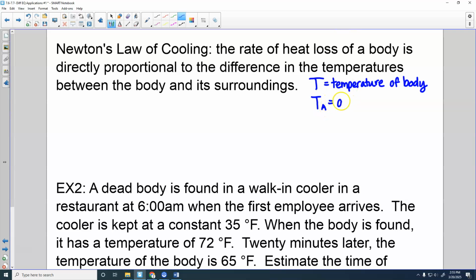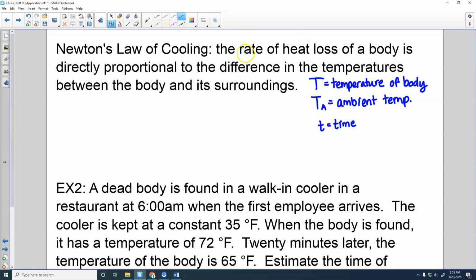I'm going to make that my ambient temperature. So that is like the temperature of whatever is surrounding it, right? Let's let lowercase t be time. You can use any units, so you can make it minutes, hours, seconds. You just have to be consistent throughout the problem. If time is seconds in the beginning, it needs to be seconds all the way through.